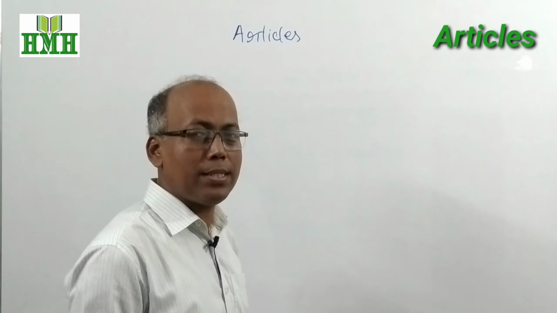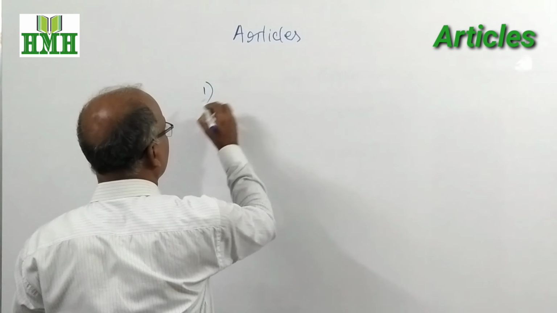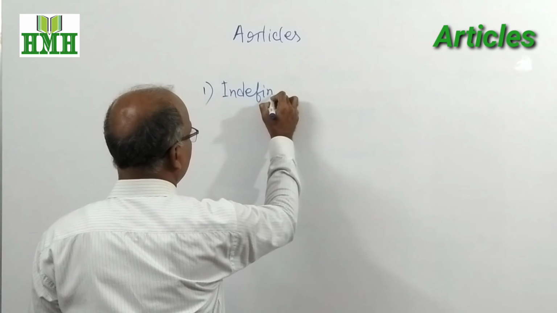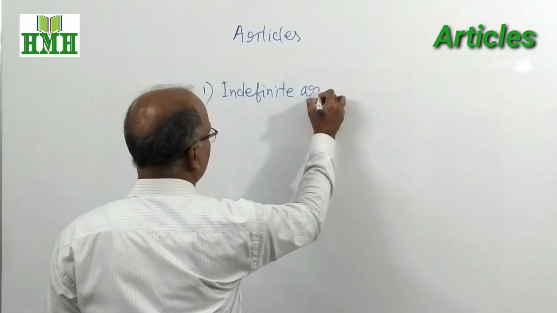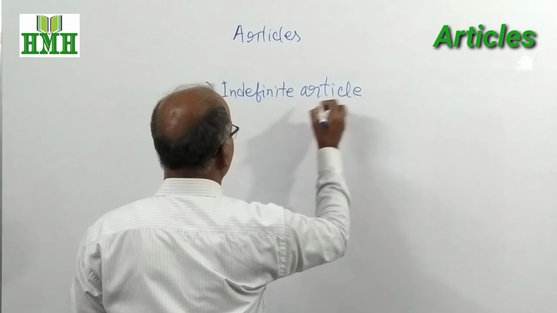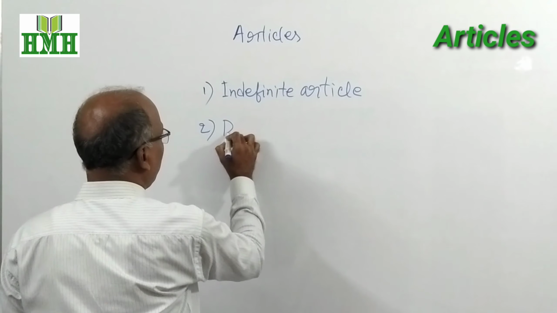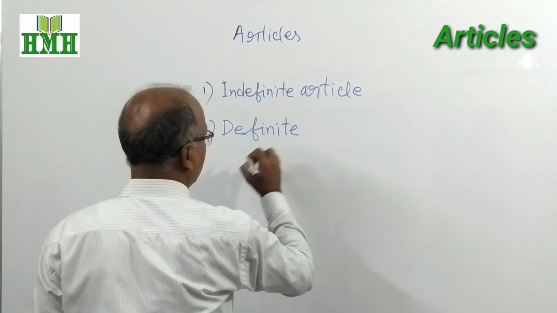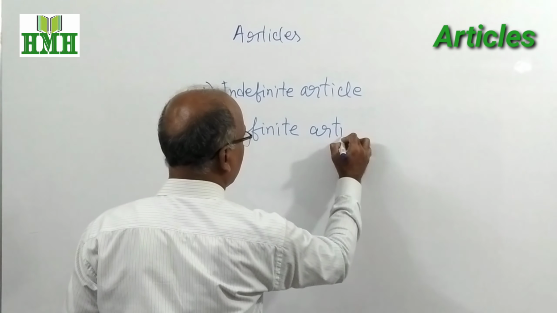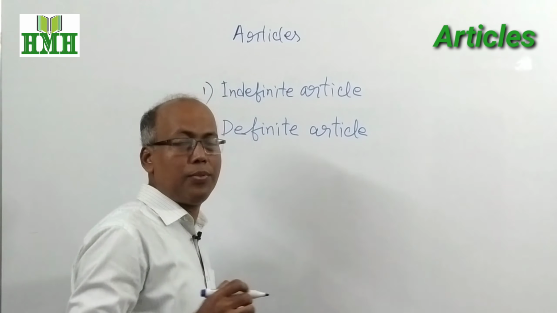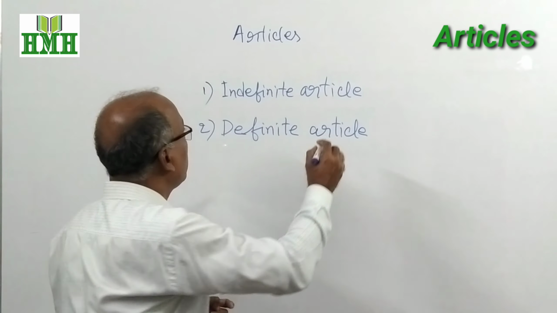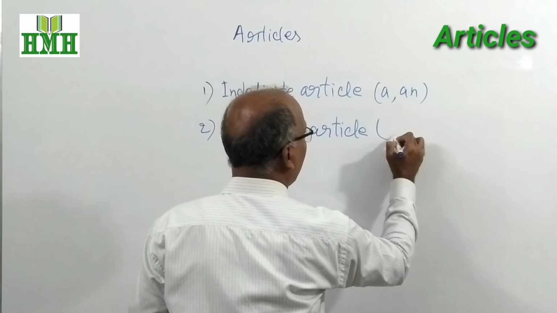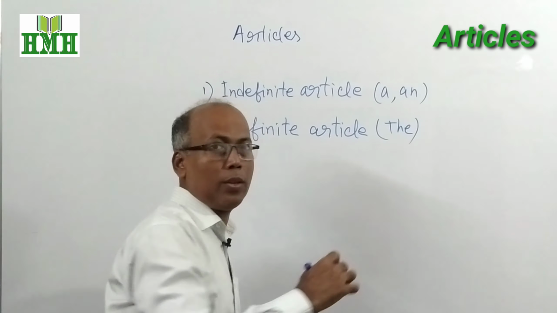Articles are of two kinds. Number one, indefinite article. Number two, definite article. Which are indefinite articles and which are definite articles? Indefinite articles are a and an, and the definite article is the.